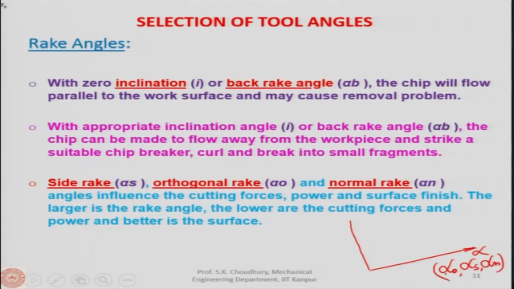And if this is the cutting force, it will go like this, meaning that as this value decreases, the force goes up, and vice versa: as these values increase, the force goes down.